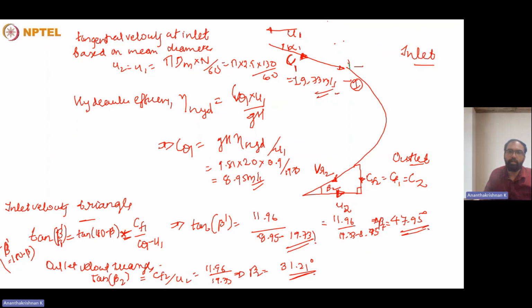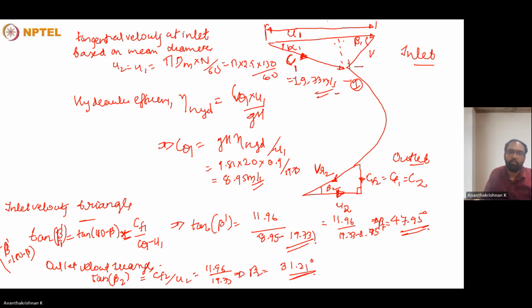Here, we'll get the blade angle to be equal to 47.95. So we have to draw it in such a way that it makes sense. So the whole velocity is U1. This will be the beta 1 term.